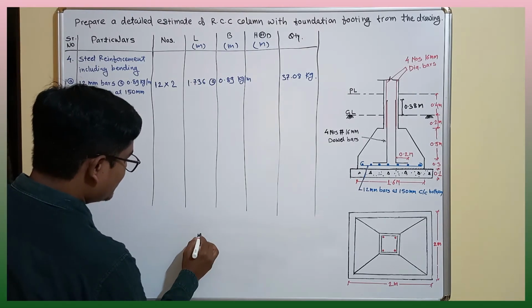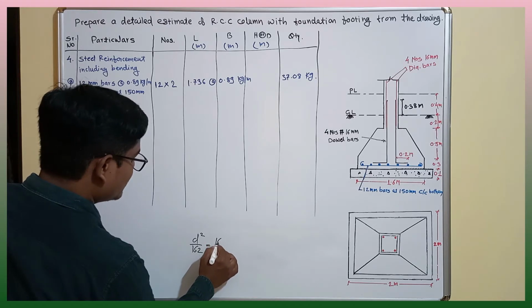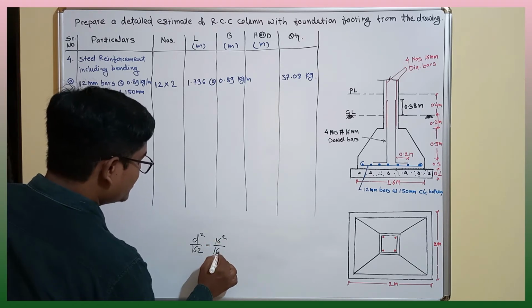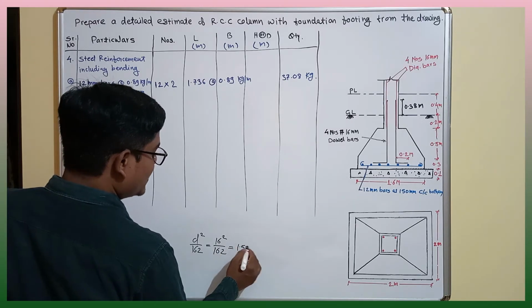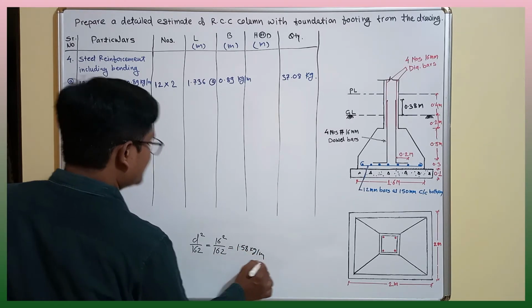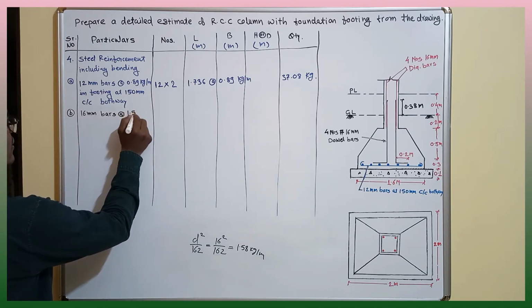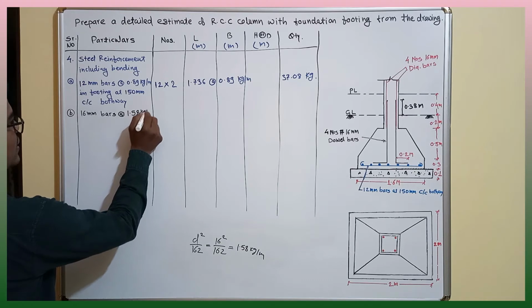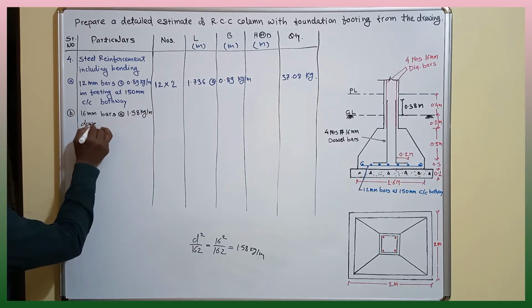That is d square by 162. So 16 square by 162, it will give 1.58 kg per meter. So I will write here 1.58 kg per meter dowel bars.